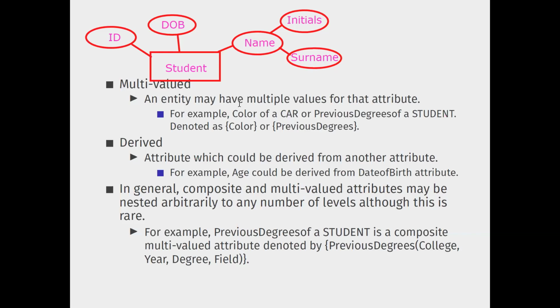Nowadays, you will see more than one color, maybe black and red, right? So you can have multiple colors. Similar to this, for example, if you take mobile number, sometimes we might have more than one mobile number. So here we can say mobile number, but we have multiple values. So this is called multi-valued. So I can say, okay, mobile number.